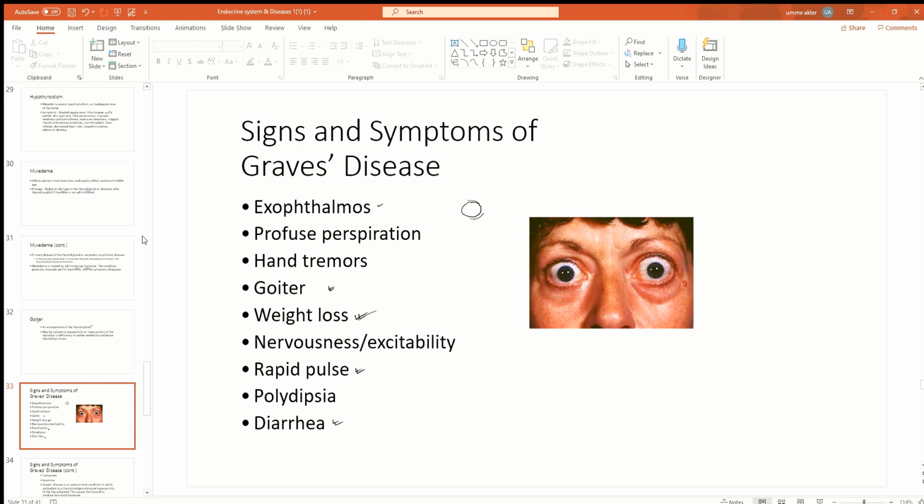So this is the bony socket for the eyeball, and now what happens in exophthalmos, excess fat accumulates behind the eyeball, and that will push the eyeball forward. So it will look like the eyeballs are coming out from the socket. So that is another thing that happens in Graves' disease.